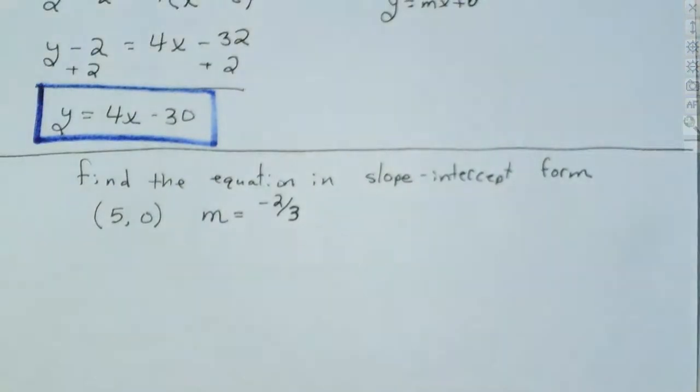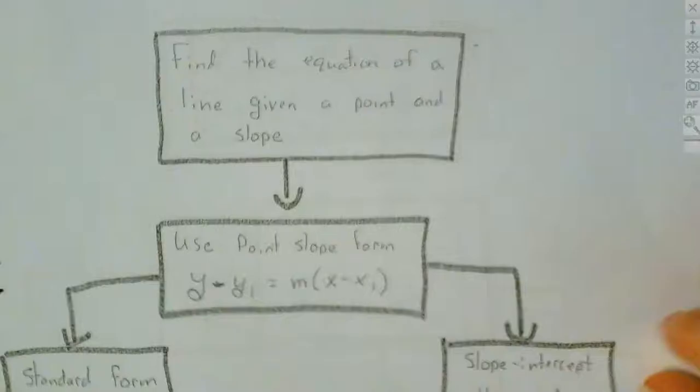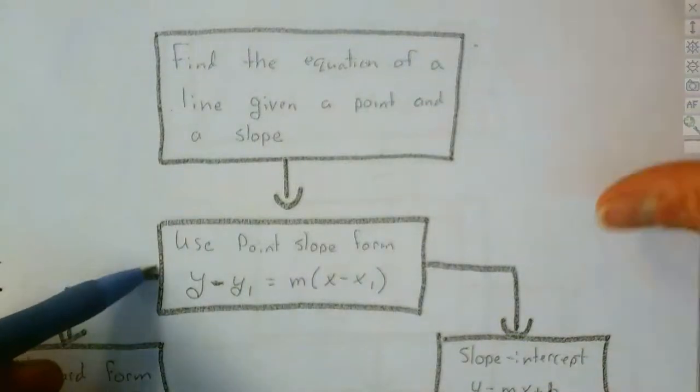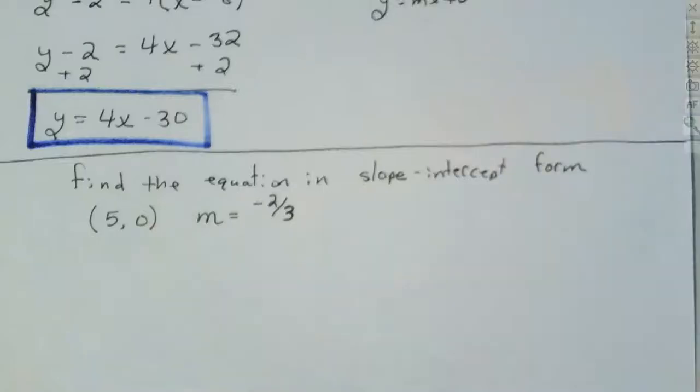Because you can have a fraction. Fractions can be there. What do we have? Point and a what? Slope. Here we are. What do we do? Point slope. Follow the directions. Don't make it more difficult.